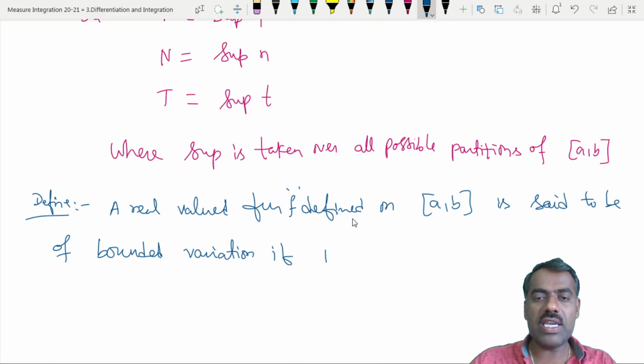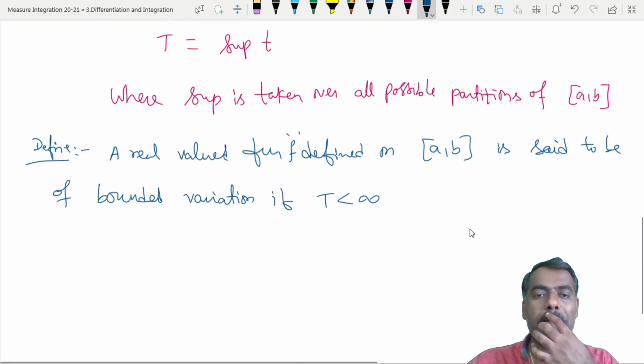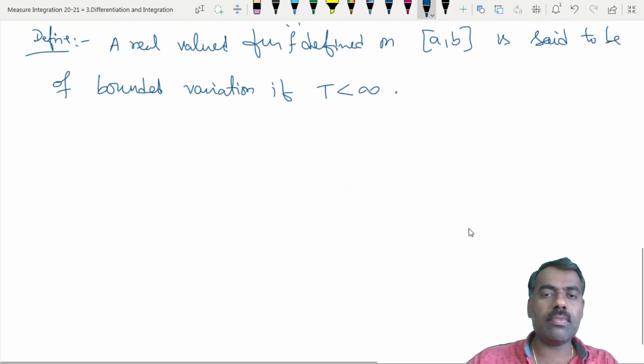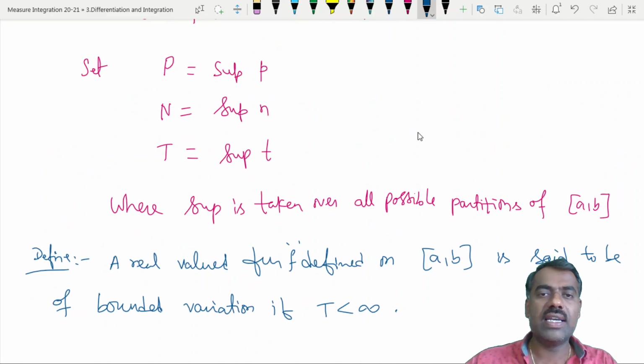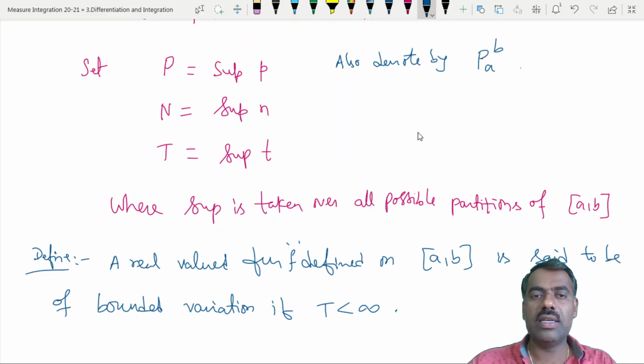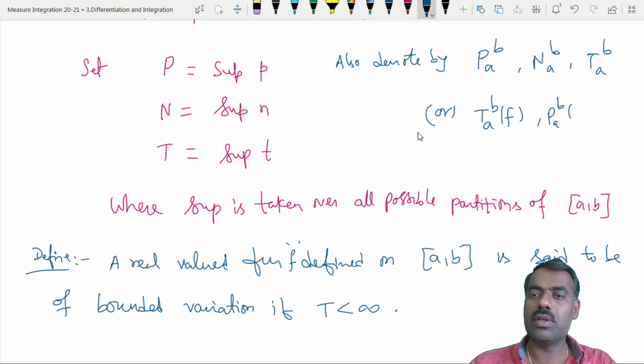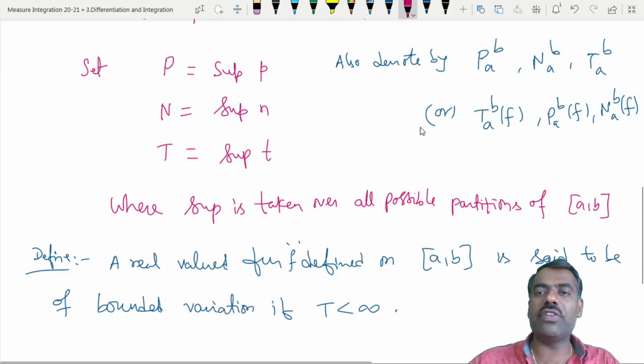Okay, if t is finite. Okay, so sometimes these values we can also denote by PAB, similarly NAB, TAB, or TABF, PABF, or NABF, just to indicate that f is defined on A comma B. So these are all different notations.